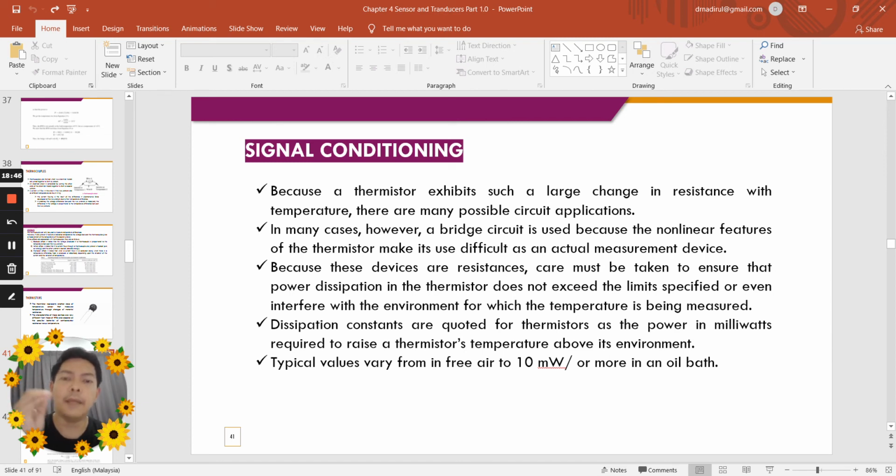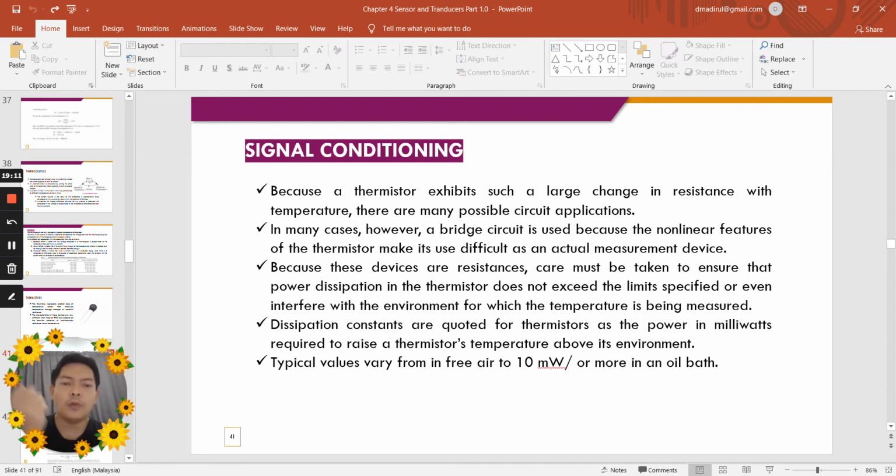In many cases, however, a bridge circuit is used because the non-linear feature of the thermistor makes its use difficult as an actual measurement device. Because these devices are resistive, care must be taken to ensure that the power dissipation in the thermistor does not exceed the limit specified or even interfere with the environment in which the temperature is being measured.